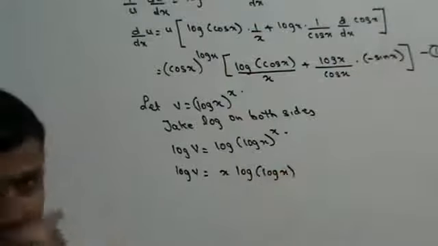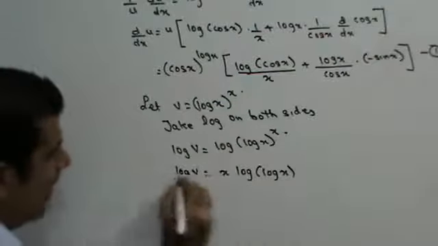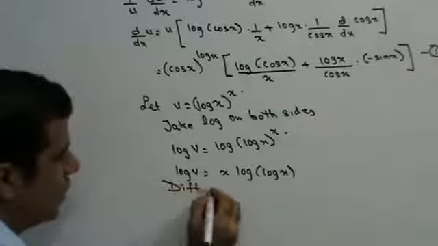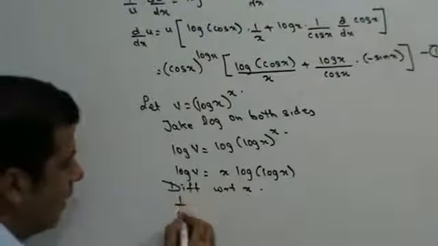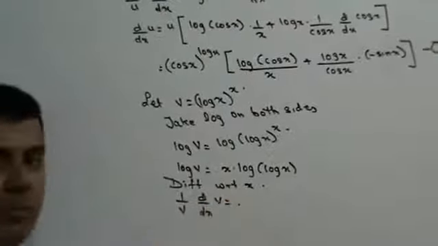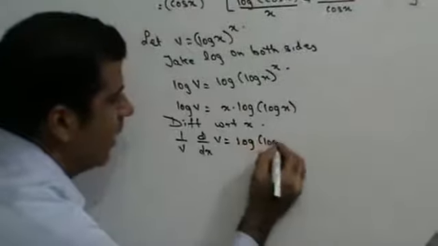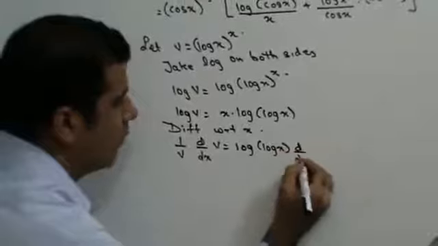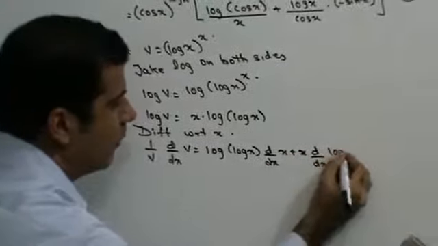I'm sure half of you are yawning by this time. Right? So now this can be written as, differentiate with respect to x. Log v: 1 upon v, d by dx of v. uv formula: this is v derivative of u plus u derivative of v.